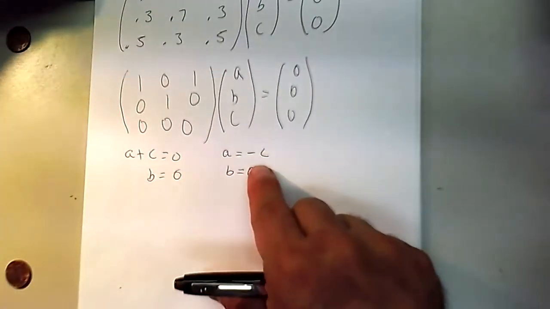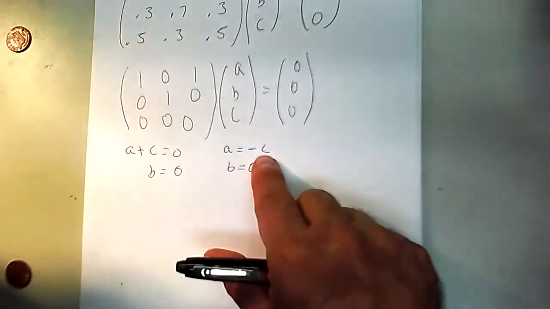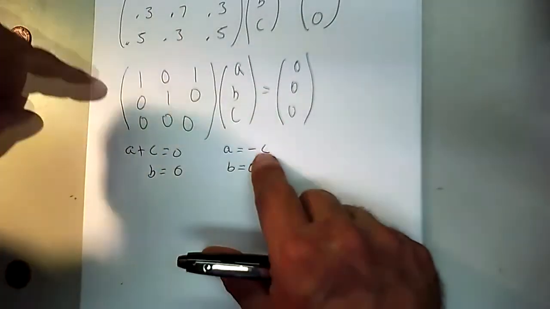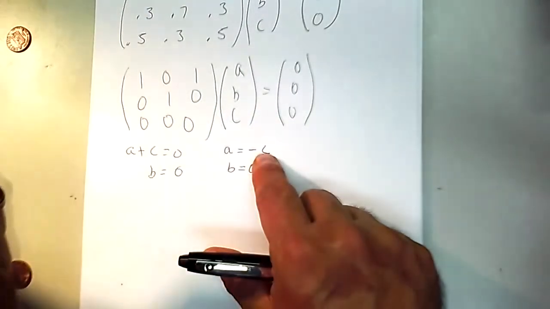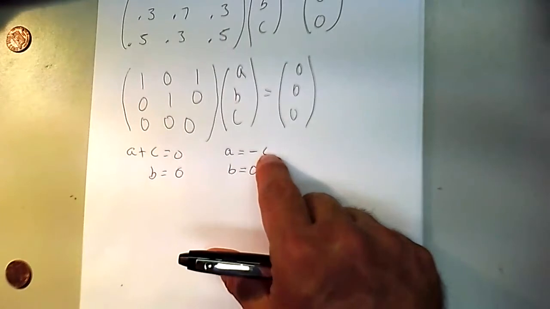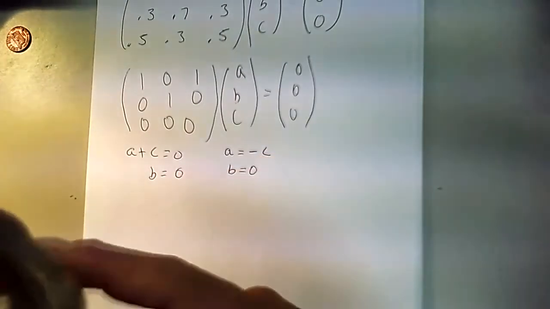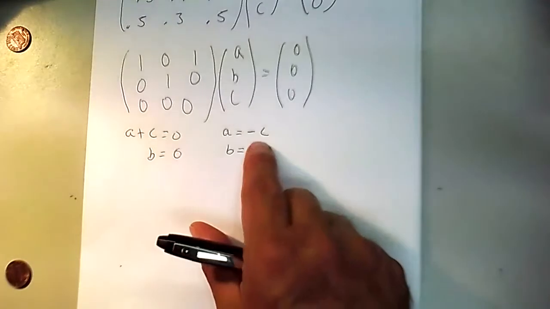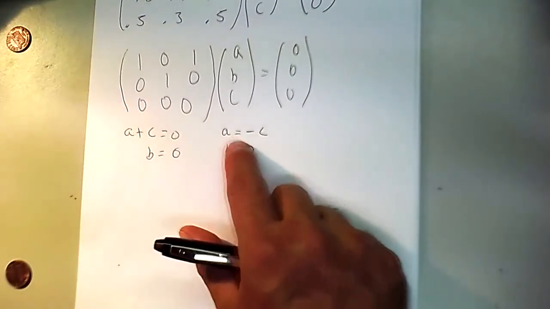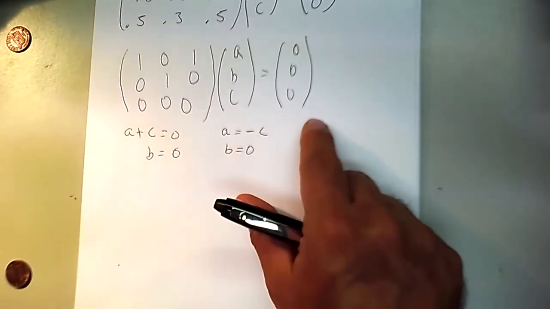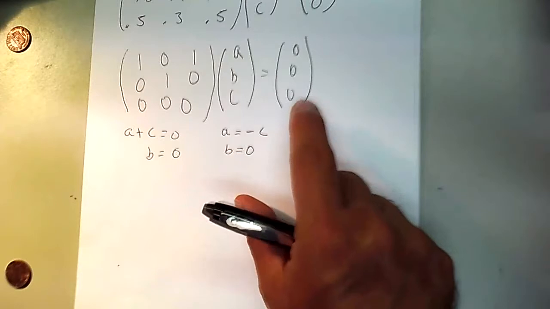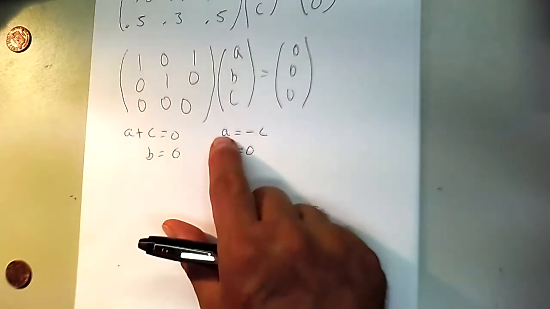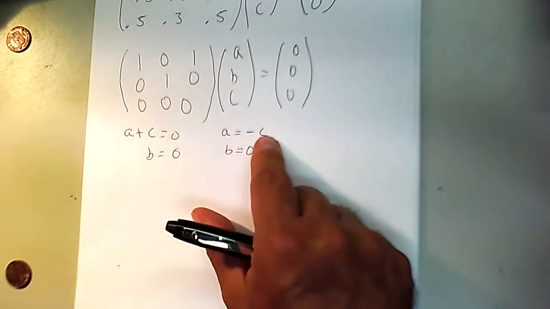I have said in a past video that because C is a free variable, we typically put a 1 in there. I have a change of heart. I changed my mind about that because I really prefer to have 1 on my first entry of the vector. And we can get a 1 here if C is -1 to start with.